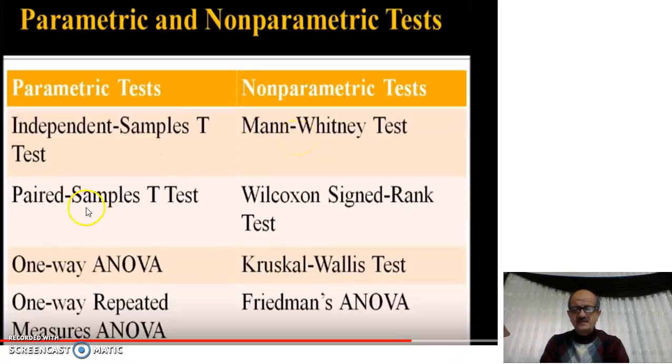For the paired sample t-test, the alternative is the Wilcoxon signed rank test. For one-way ANOVA, the alternative is the Kruskal-Wallis test, and for one-way repeated measures ANOVA, which is almost similar to the block design, we use Friedman's ANOVA.